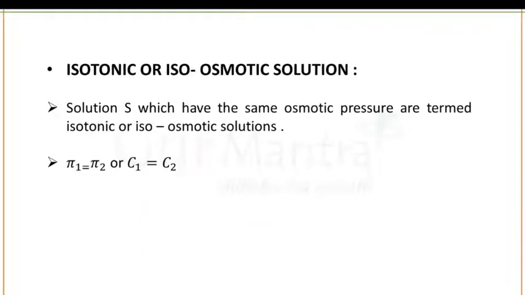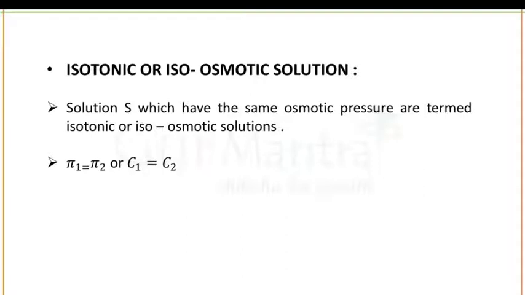Now, what are isotonic or isoosmotic solutions? Isotonic or isoosmotic solutions are those solutions which have the same osmotic pressure. For example, if we have a solution named S1 and another solution named S2, and they have the same osmotic pressure, then they will be considered isotonic or isoosmotic solutions.